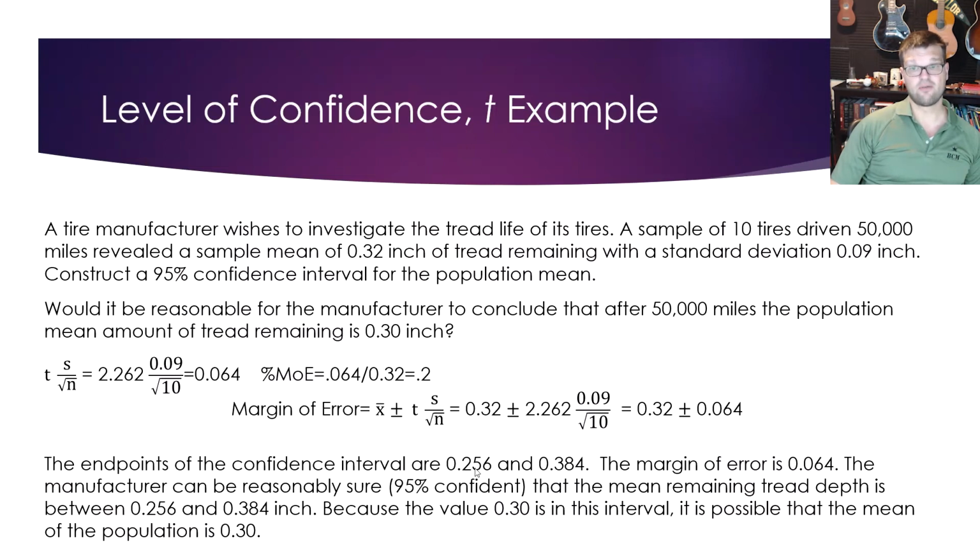The endpoints of the confidence interval are 0.256 and 0.384. The margin of error is 0.064. So the manufacturer can be reasonably sure, 95% confident, that the mean remaining tread depth is between those two values. Because 0.3 is in that interval, it's possible that the population mean is 0.3. Notice we're not saying that it is, we're saying that it's possible that it is.